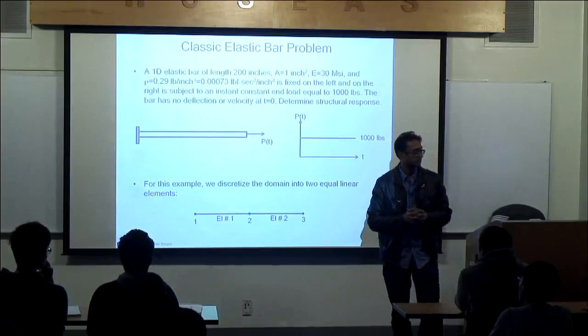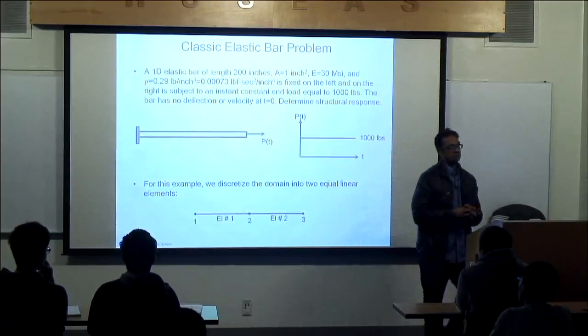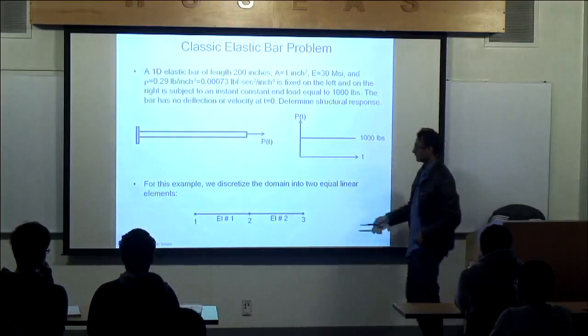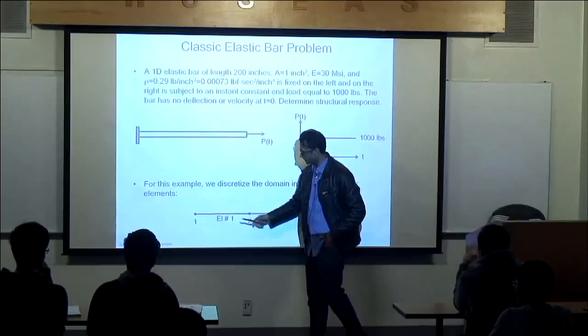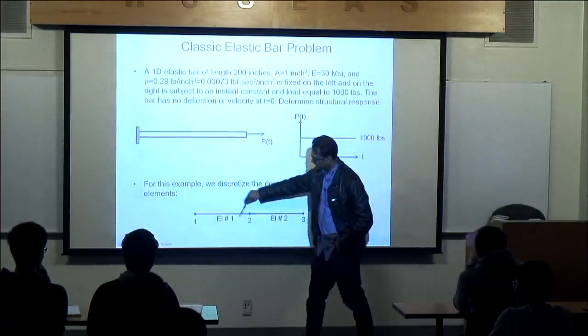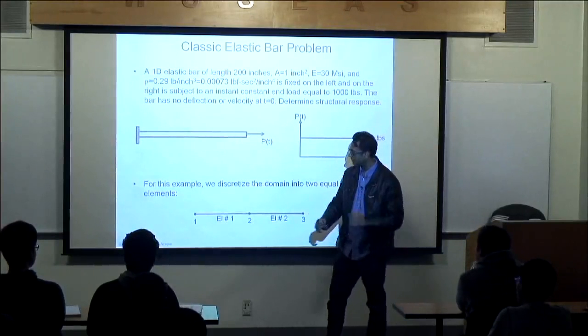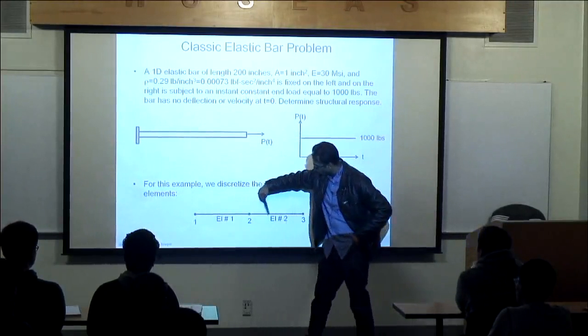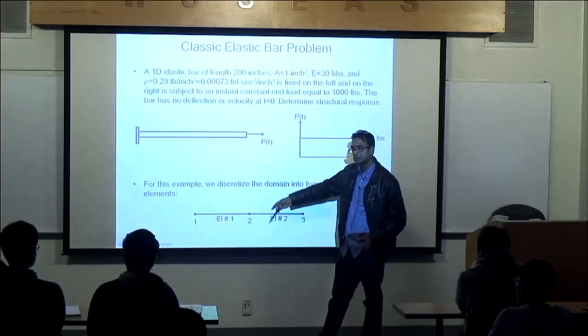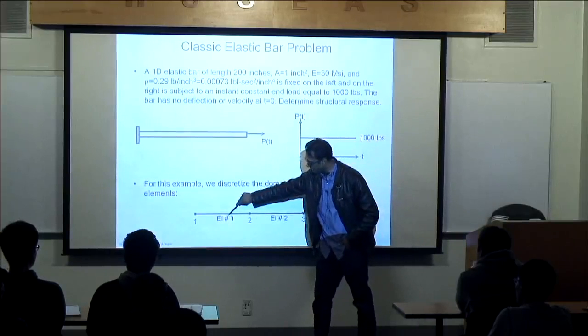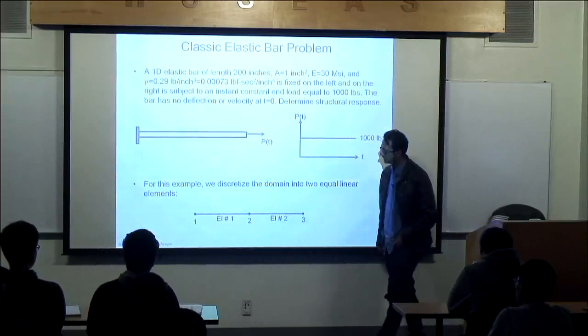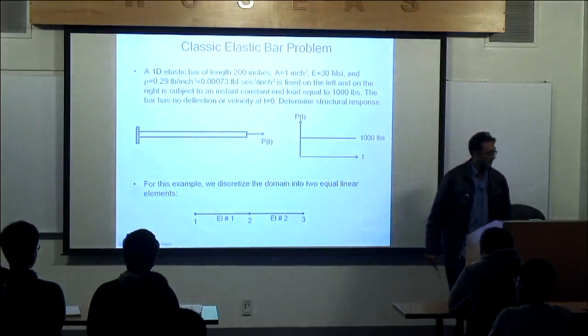That's the question. So just for fun, we'll do two elements, element 1 and element 2. There are 3 nodes because it's a linear element. If it were a quadratic element, you'd have 5 nodes. But these are linear elements. We'll have a linear element here, a linear element there. Okay?